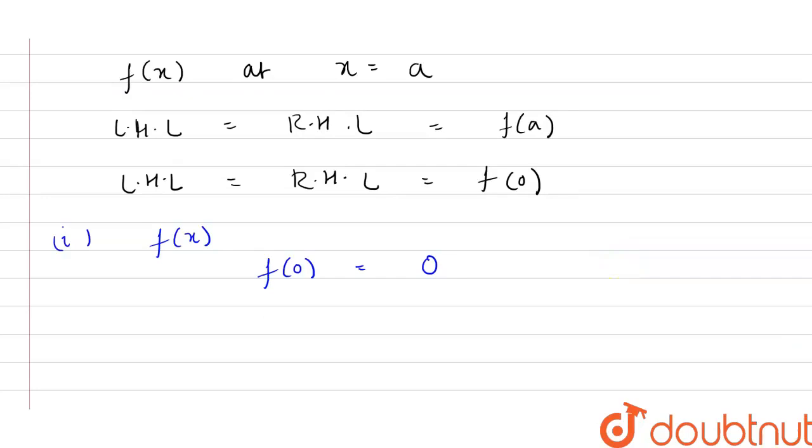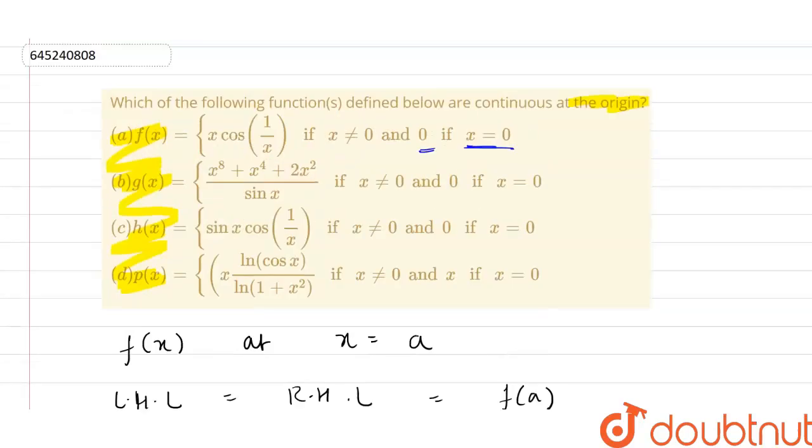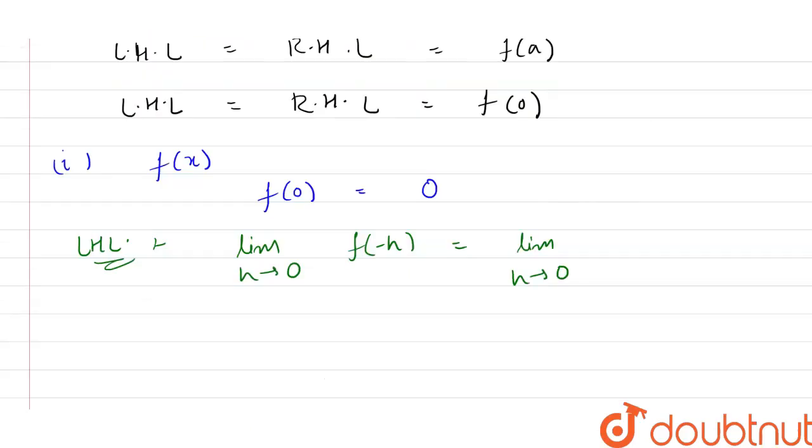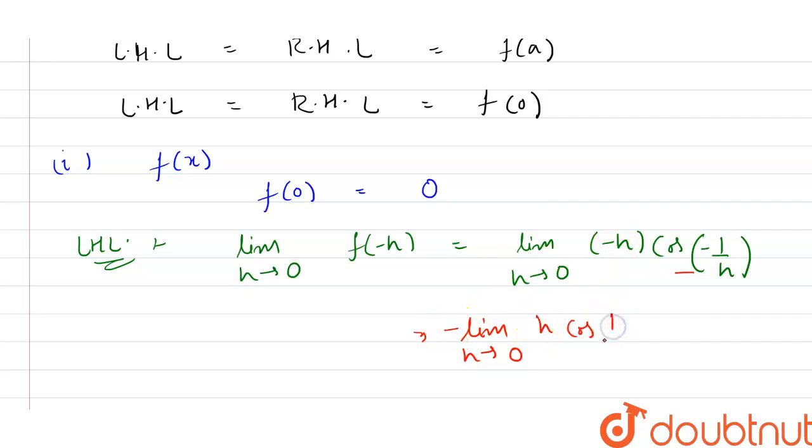First we will find the LHL, the left hand limit, which is the limit as h tends to 0 of f(-h). This is the limit as h tends to 0 of -h into cos(-1/h), and we know that cos(-theta) is equal to cos(theta), so this can be written as the limit as h tends to 0 of -h into cos(1/h).